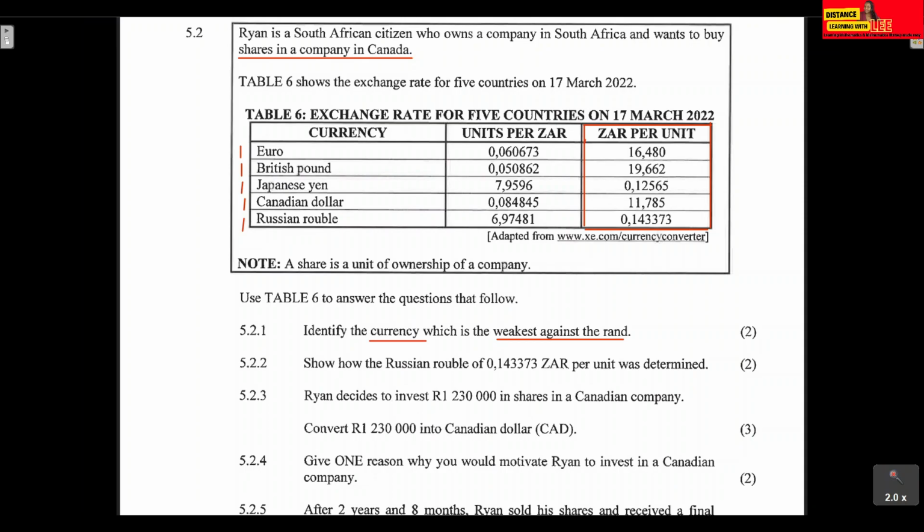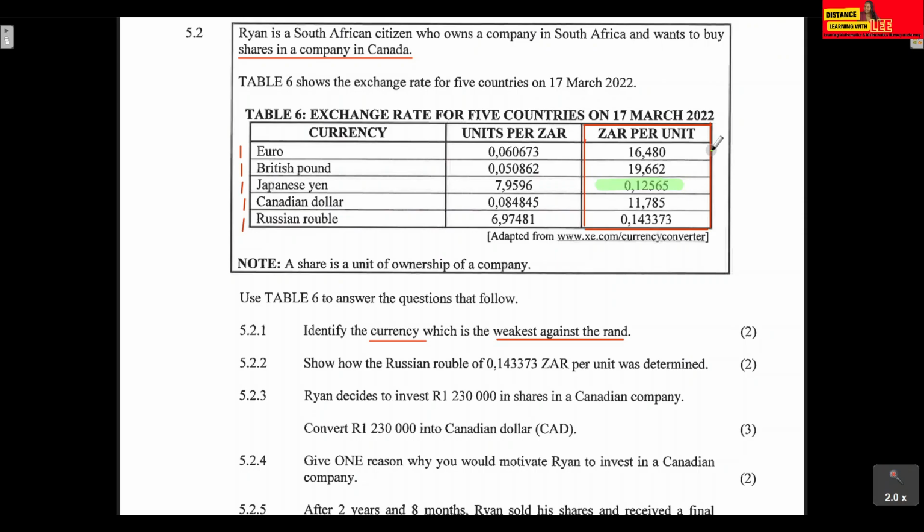So what do we see here? It's not the euro, it's not the British pound, but it's the Japanese yen. Because to get 1 Japanese yen, we just need 0.12565 rands, which is the lowest amount in that column. So that shows us that the Japanese yen is the weakest against the rand. For example, if you look at the euro, to get 1 euro you need to have 16 rand, so the euro is the strongest currency against the rand.